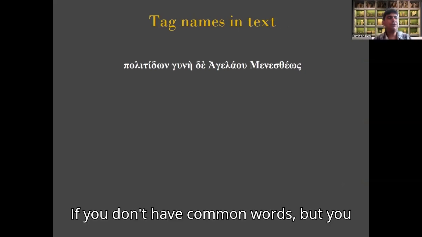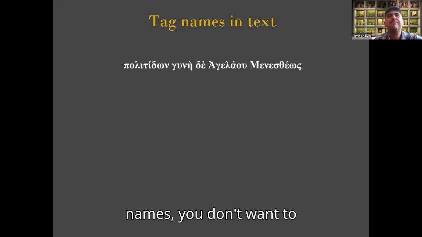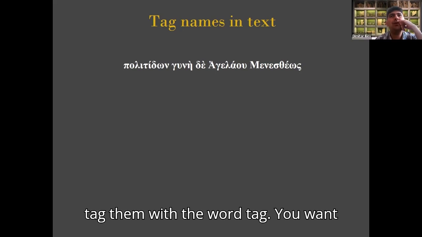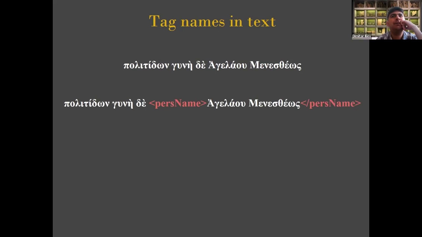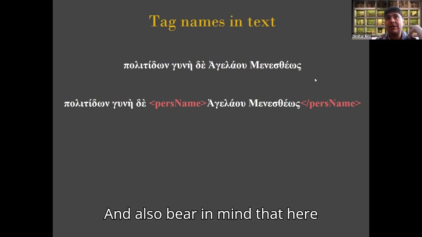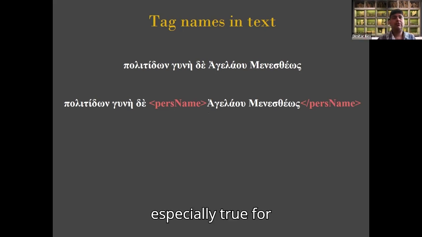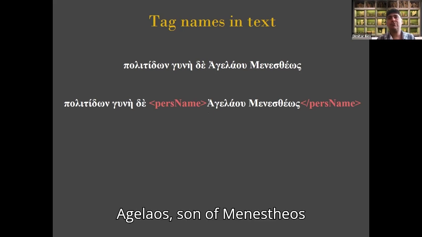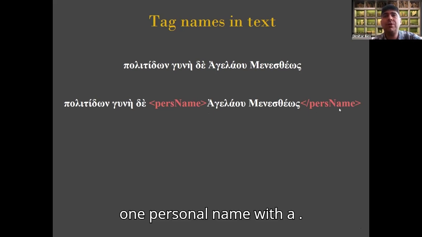What about personal names? If you don't have common words, but you have things which are personal names, you don't want to tag them with the word tag. You want to tag them with the person name tag. And also bear in mind that this holds especially true for Greek patronyms. Agelaos, son of Menestheus, is one personal name with a patronym.